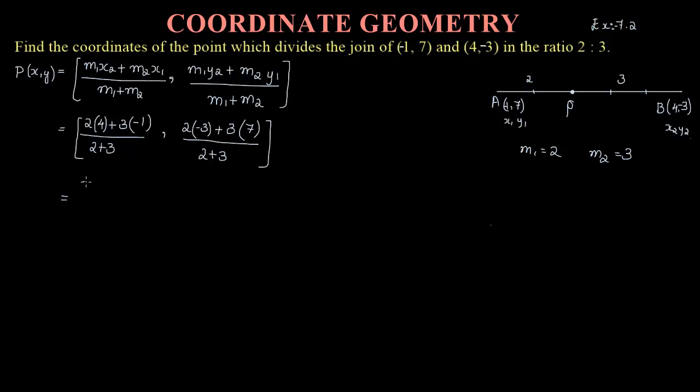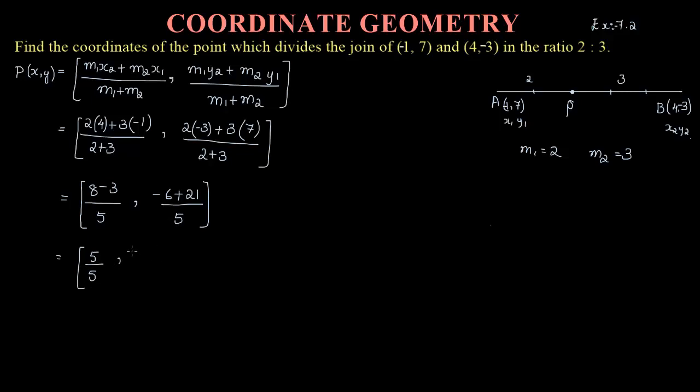So let me just simplify this. 2 4s are 8, plus 3 into -1 is -3, divided by 5. Then here, 2 into -3 is -6, plus 3 7s are 21, divided by again 2 plus 3, 5, right? So what are you going to have here then? 8 minus 3 is 5, divided by 5, comma -6 plus 21.